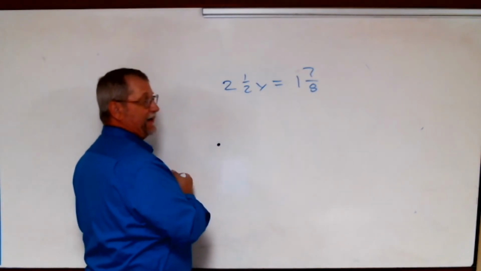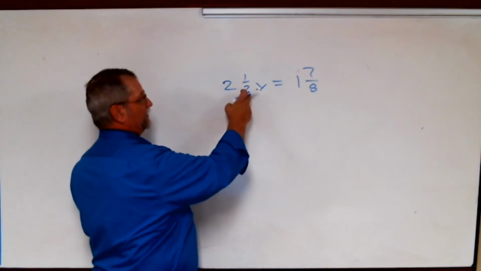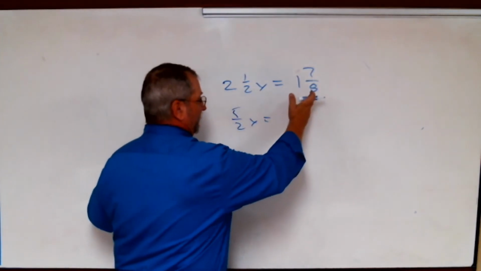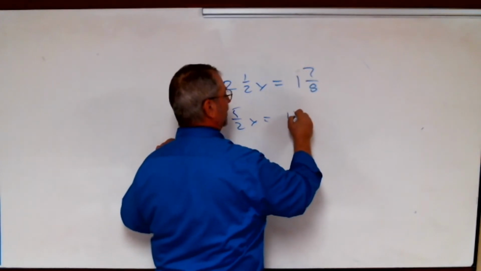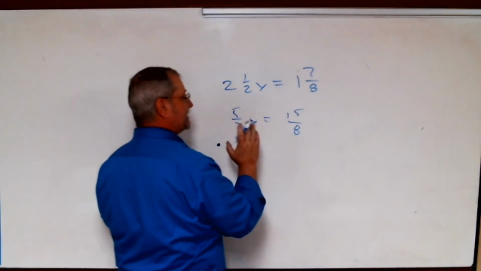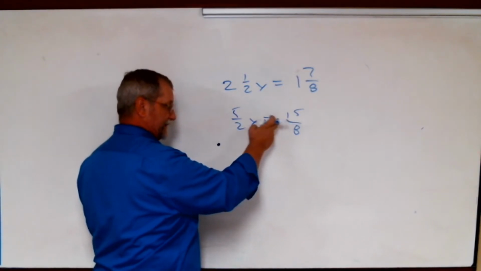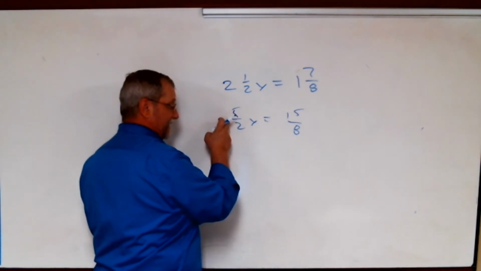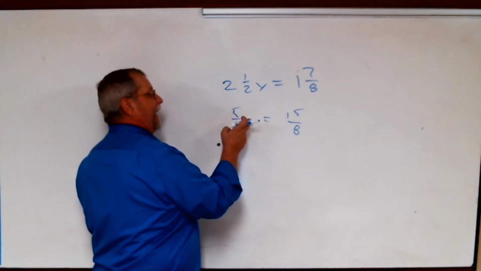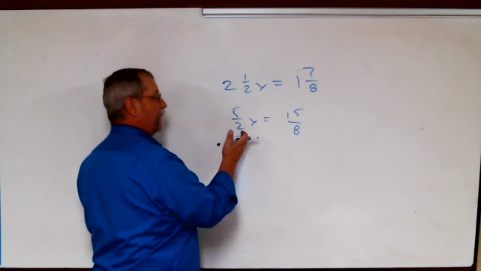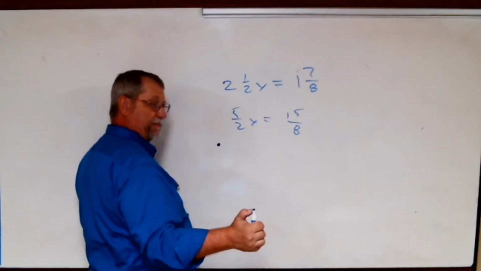Before I do anything, I'm going to make everything improper. 2 times 2 is 4, 5 over 2 y equals 8 plus 7 is 15 over 8. Now listen to me. You're not going to do anything with this. You're not going to invert this. It's always this side over here. To get rid of this, this is multiplication. I want to divide.